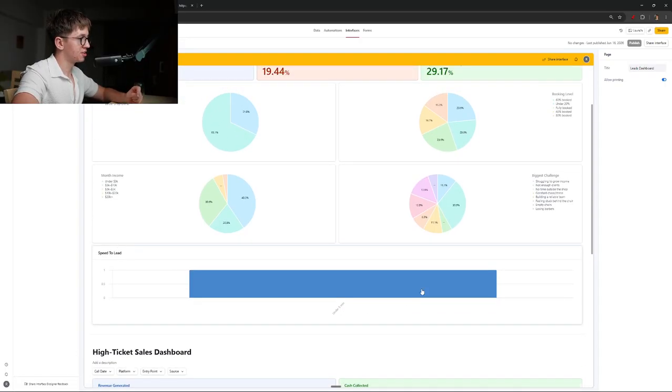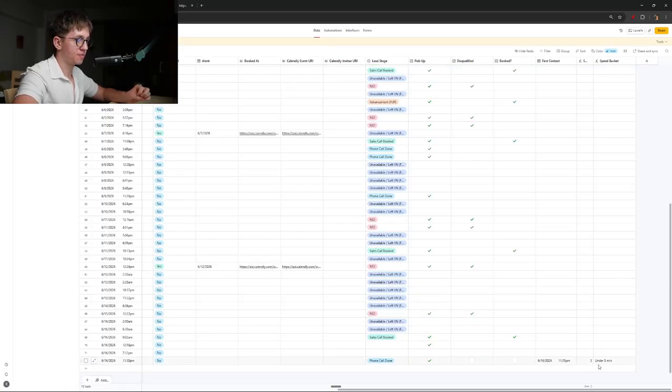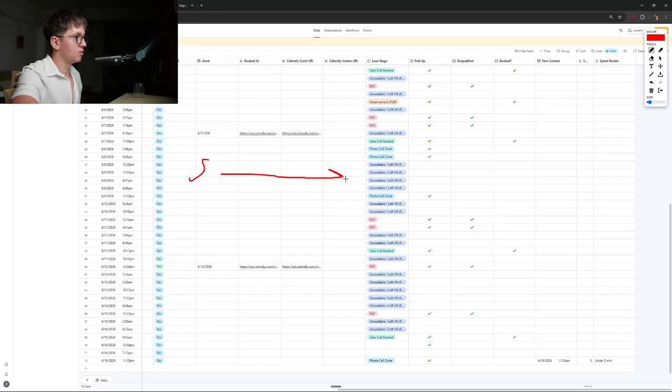And also here at the bottom, I'm going to create the speed buckets. Why are these speed buckets super important? Because you can know the average of when someone was contacted. Maybe it was 5 minutes, or maybe it was 2 hours, and the average becomes 125 minutes divided by 2, that's 62.5 minutes.